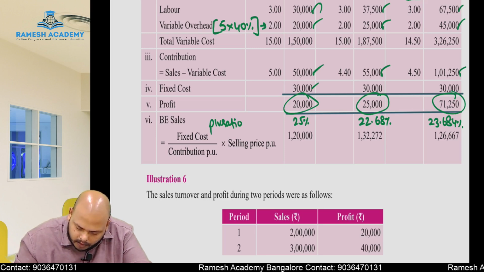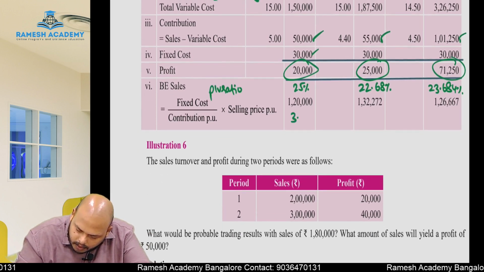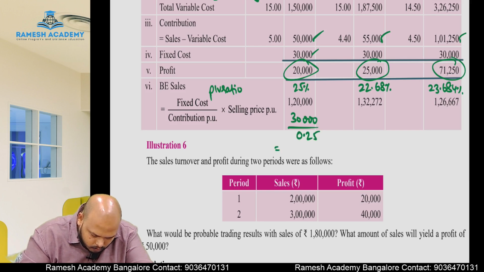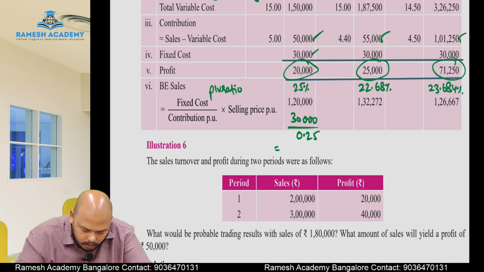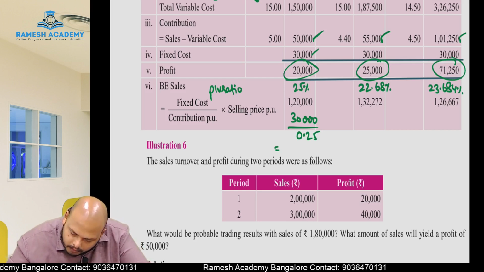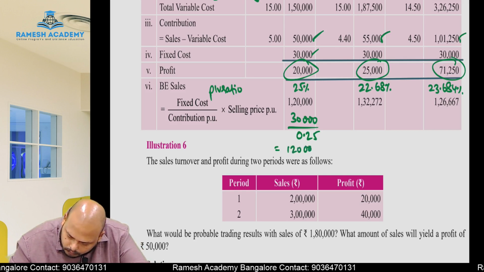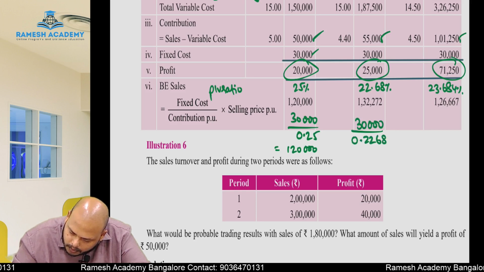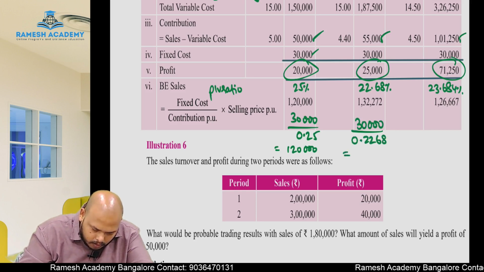Next, if you got the PV ratio, fixed cost by PV ratio. What is the fixed cost here? 30,000 divided by 0.25, so that is nothing but how much? 1,20,000. Next here 30,000 divided by 0.2268.